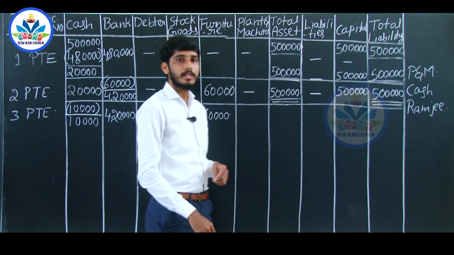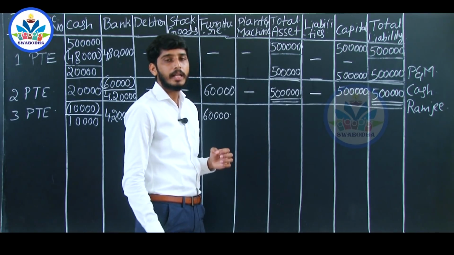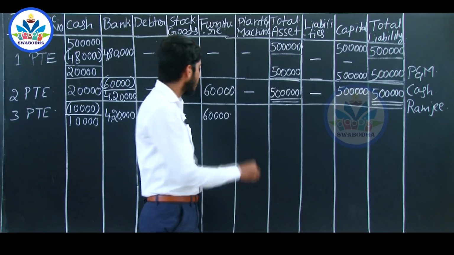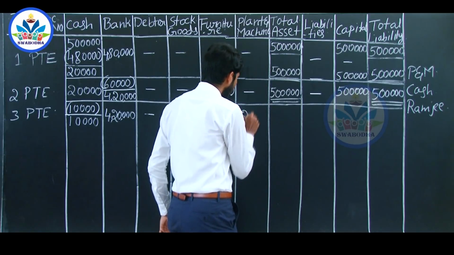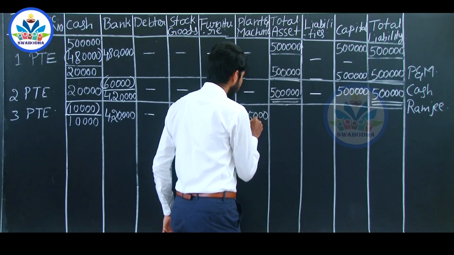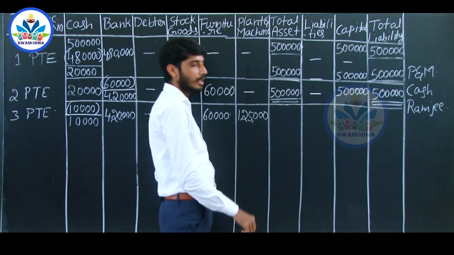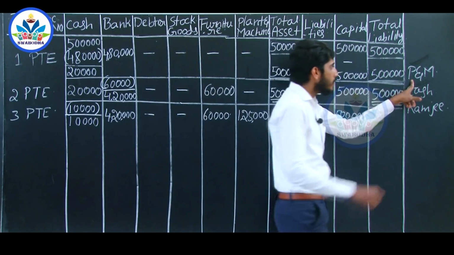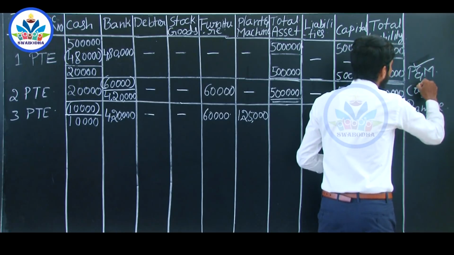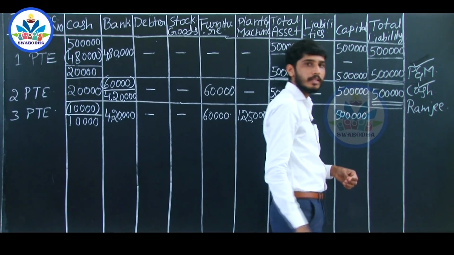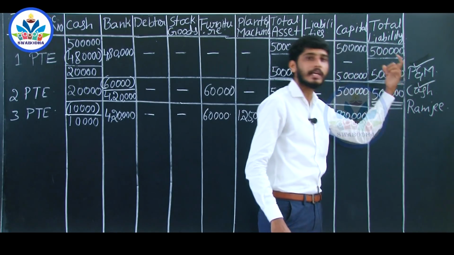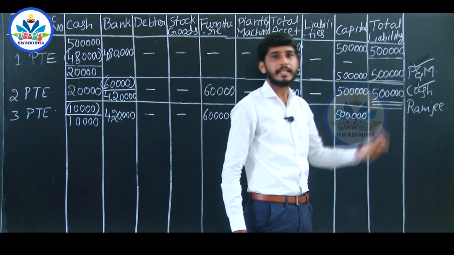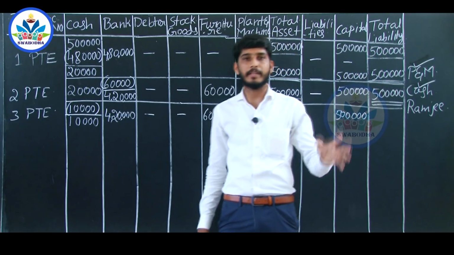Now, you have purchased plant and machinery and the value of that particular machinery is 1,25,000. Asset value increases by 1,25,000. Now, plant and machinery account is being adjusted and cash account is being adjusted. Remaining is Ramji Lal account, who is a creditor, who has supplied the goods on credit basis.